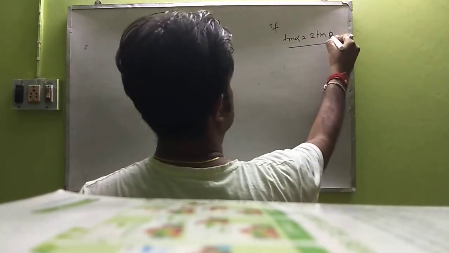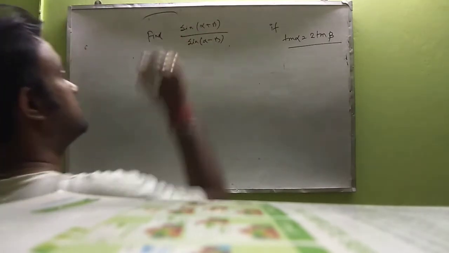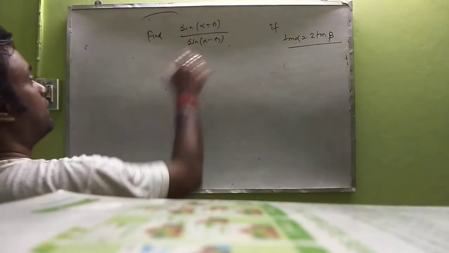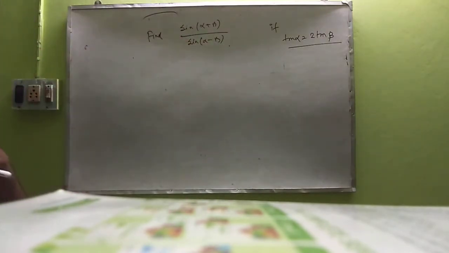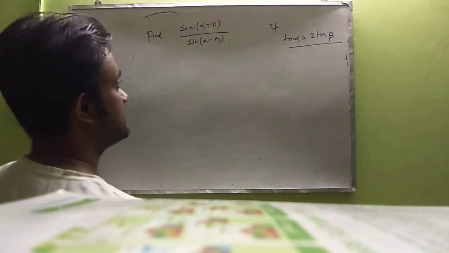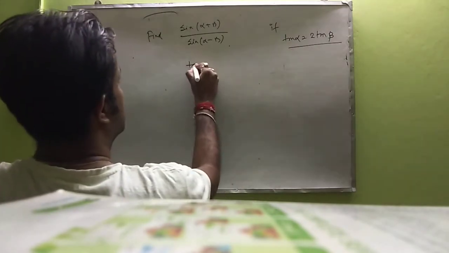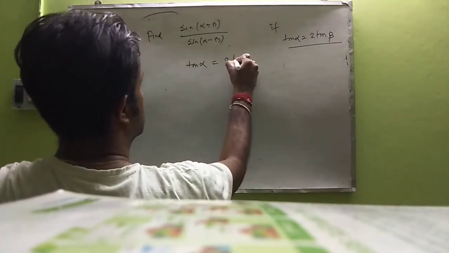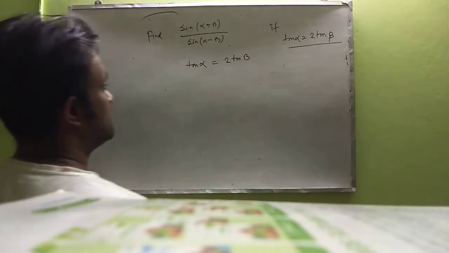This is the condition. To do the sum, we use the given condition, which is tan alpha is equal to 2 tan beta.